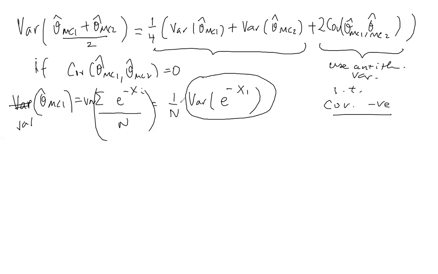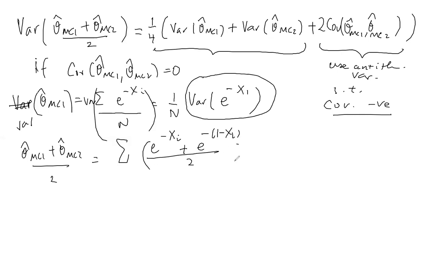Because at the end you just divide it by a constant, right? So this makes the analysis more straightforward. Okay. So basically this Monte Carlo term here is just the sum of e to the minus Xi plus e to the minus (1 minus Xi), over 2, right? And divide by n, right?